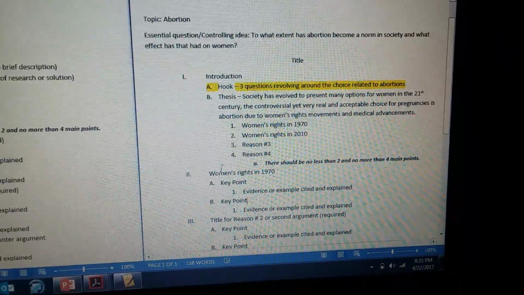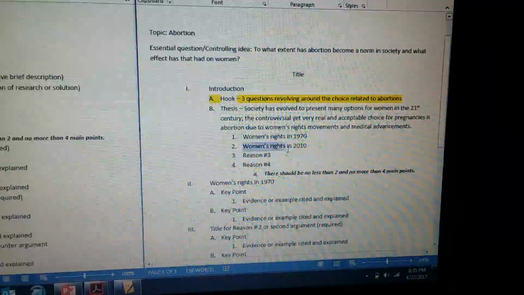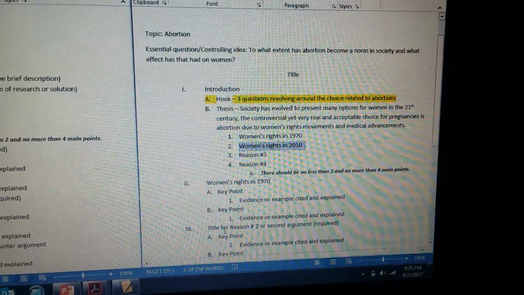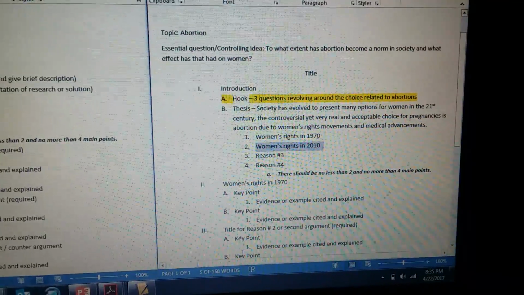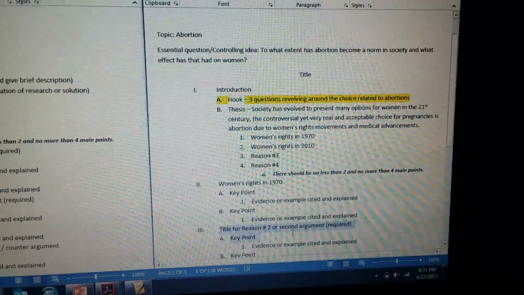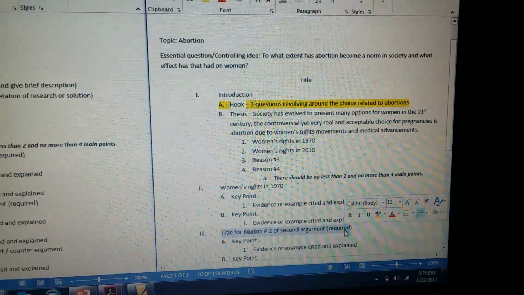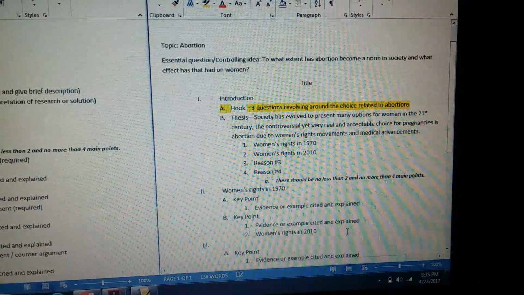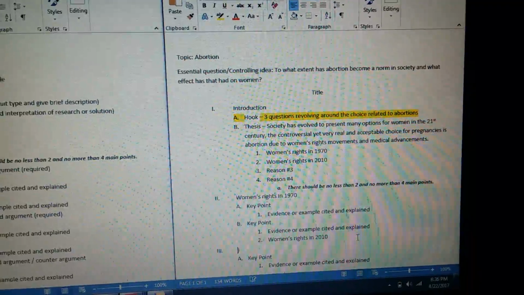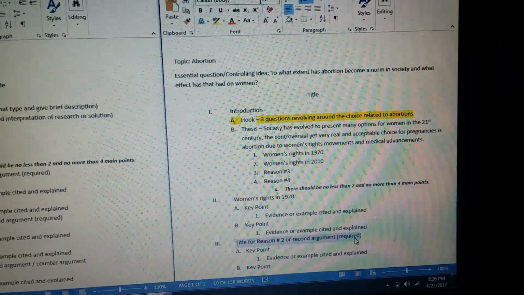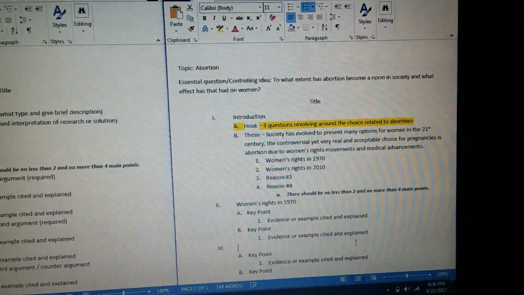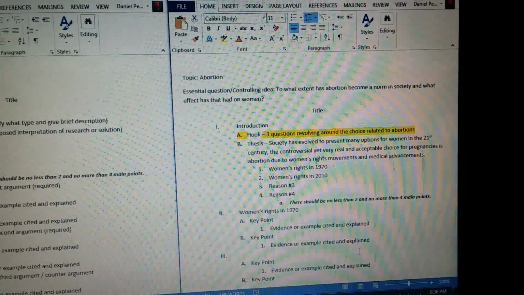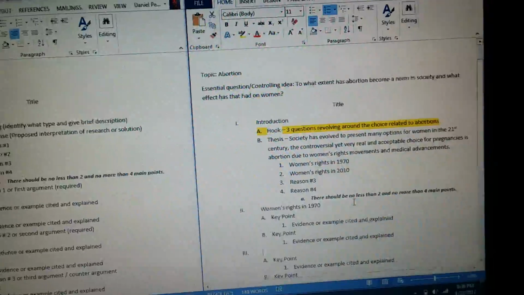Roman numeral 3 will then become my women's rights in 2010. So down here for Roman numeral 3, I will literally, as the title, I will input that. Oops, I made a mistake. Okay, fine, I have to type it out.